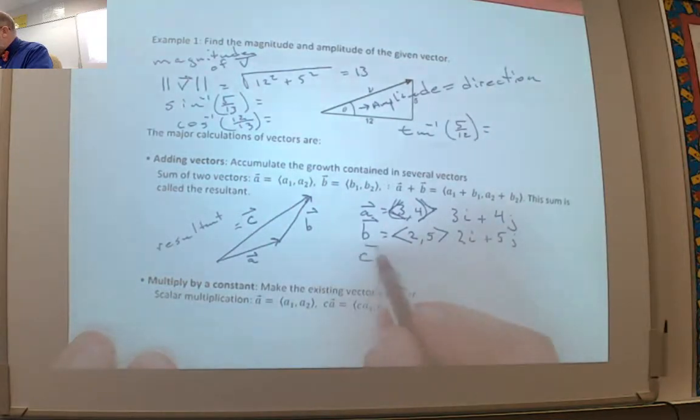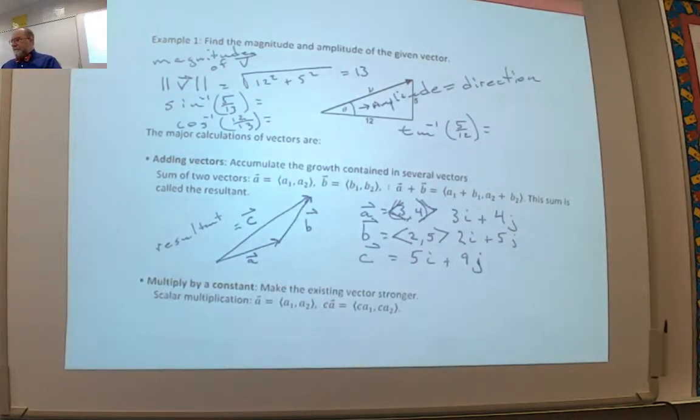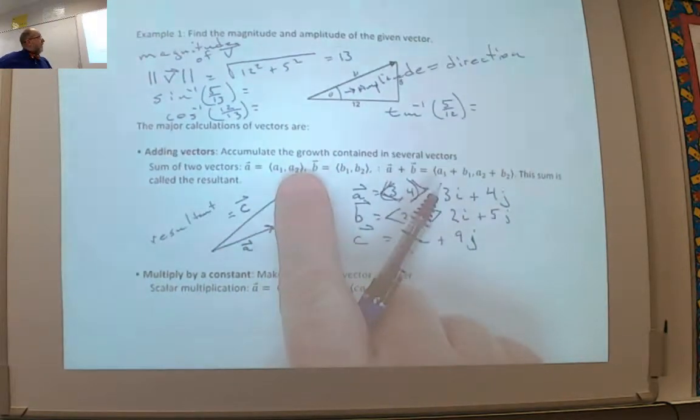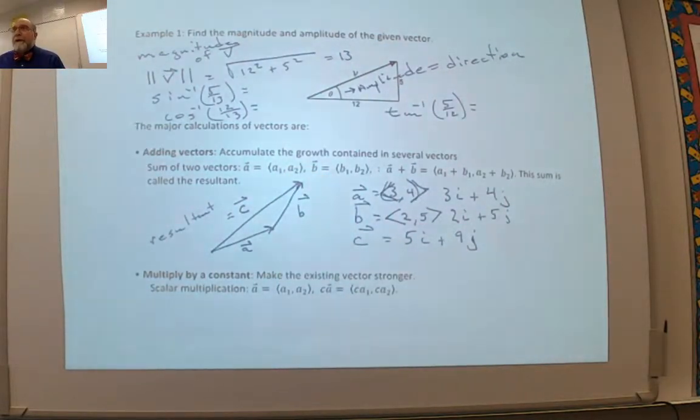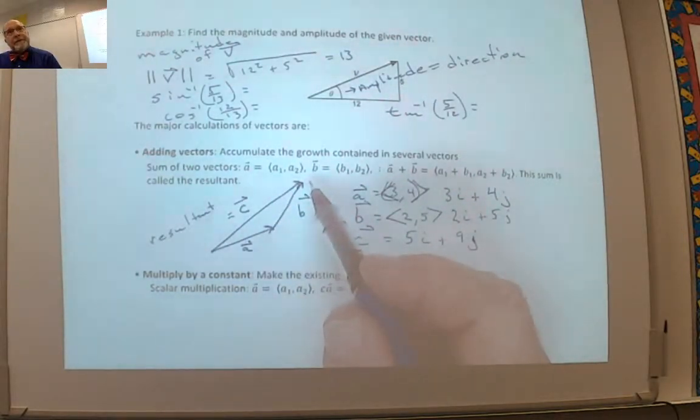Vector C would be 5i plus 9j. And what happens there? It means that vector grew. It got bigger. Now it could also get smaller, but in the case that I have here, we have a bigger vector.